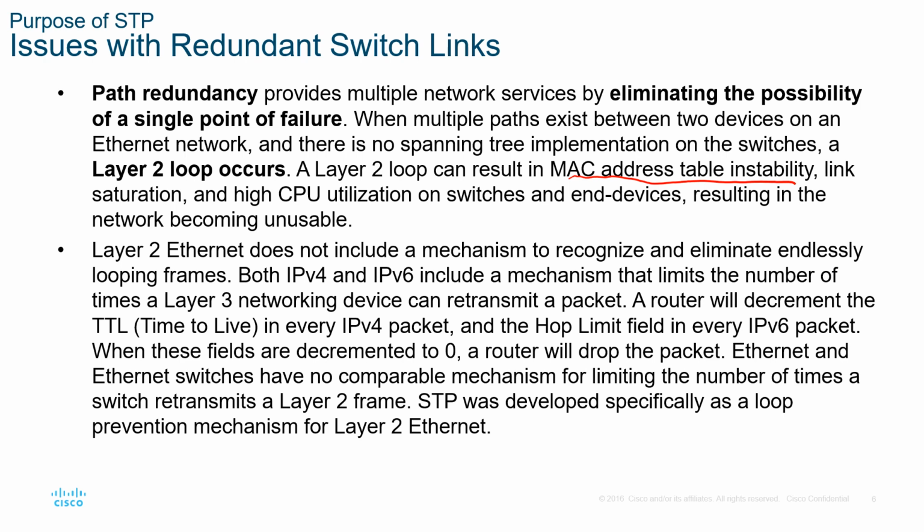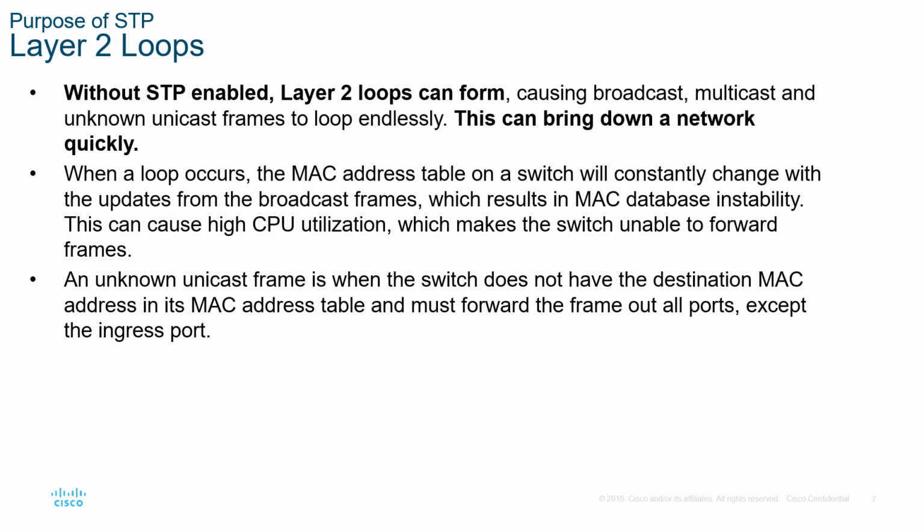So STP is developed specifically to prevent looping in layer 2 Ethernet. When layer 2 loops happen, they cause broadcast or unknown unicast frames to loop endlessly, and this could bring down the network immediately.